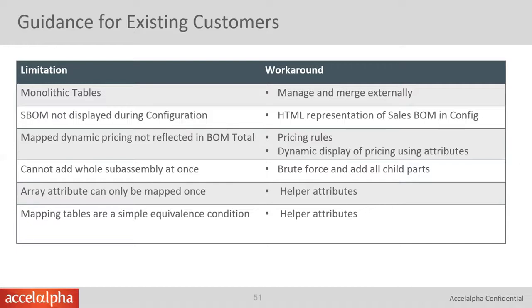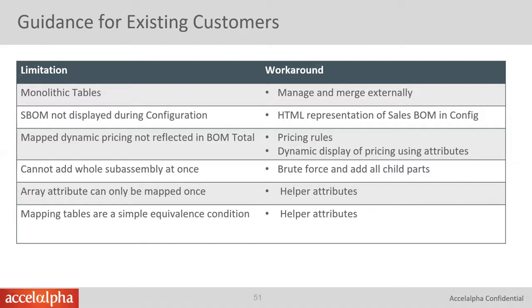Another thing is that the sales BOM is not displayed during configuration. So you noticed that there were no line items. It was only the total price that was displayed. This is unlike the recommended item rules before, where you're able to display the individual components. With the BOM mapping, it's only when you actually add the configuration to the quote that you see the line items.